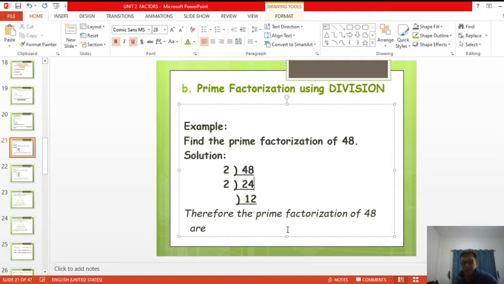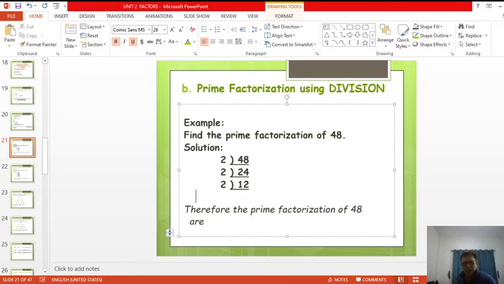I can still use 2, right? So you use 2. That's fine. After that, do the operation again. 12 divided by 2 is how much? So you got 6, right? So your answer will be 6.